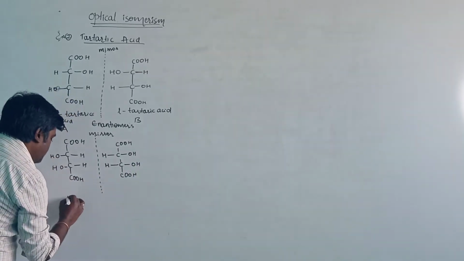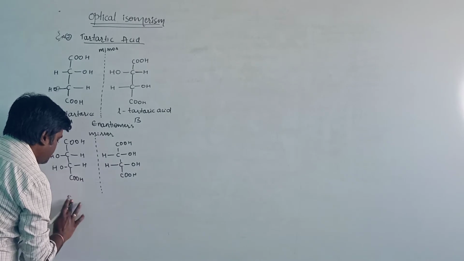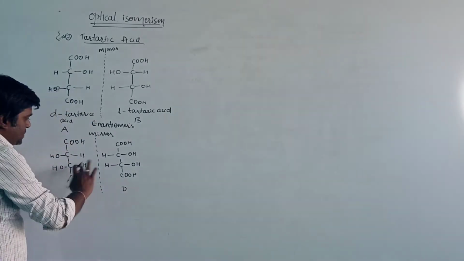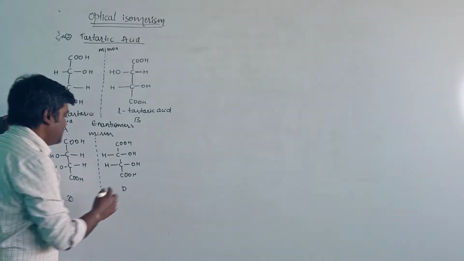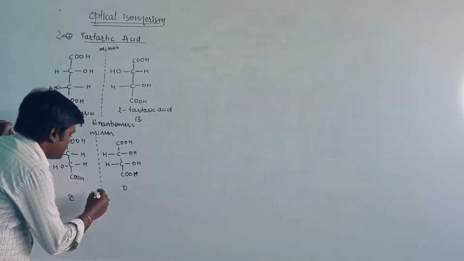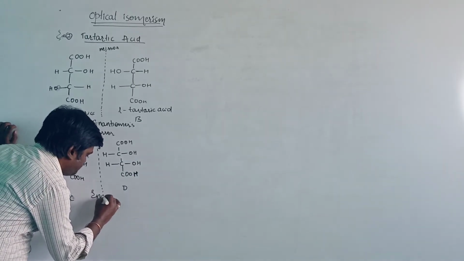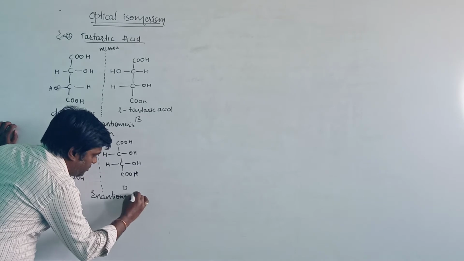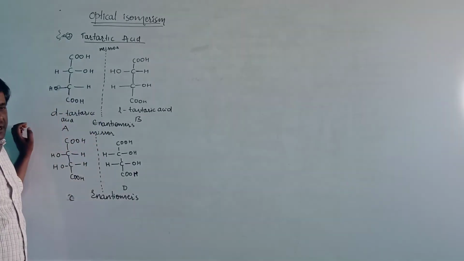Consider this compound C and this is D. These two compounds of tartaric acid are mirror images of each other. Such compounds are known as enantiomers.